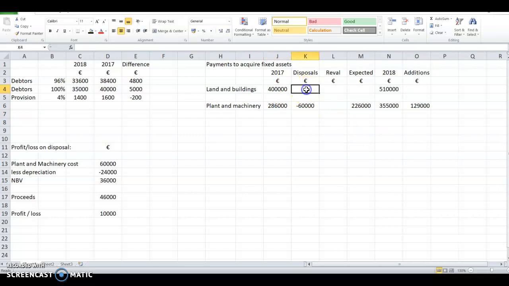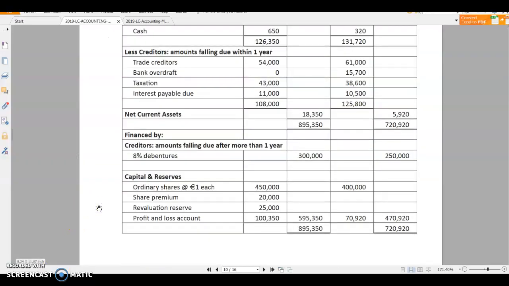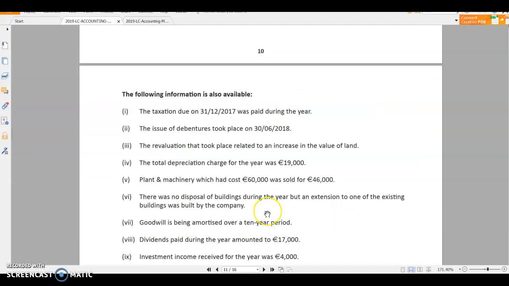There's no disposals here of land and buildings, but, and this is a kind of tricky one to spot, there is a revaluation reserve of 25 grand. So I didn't have a reval reserve last year, I do this year, and I'm told that the revaluation that took place was an increase in the value of land.